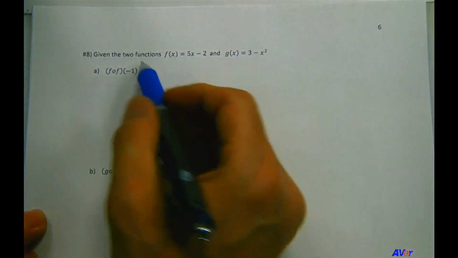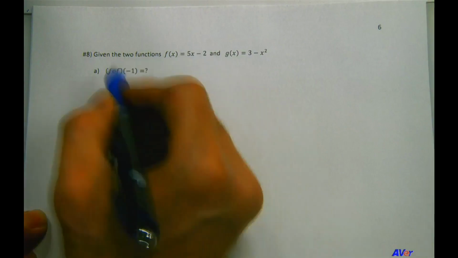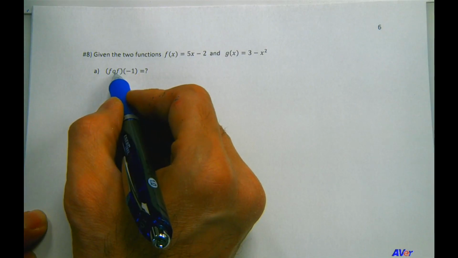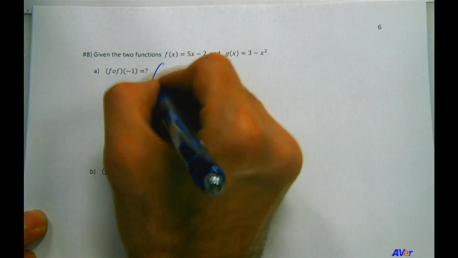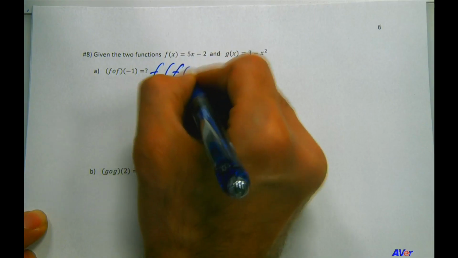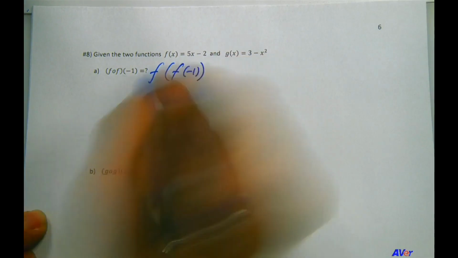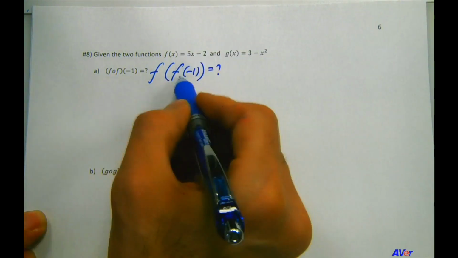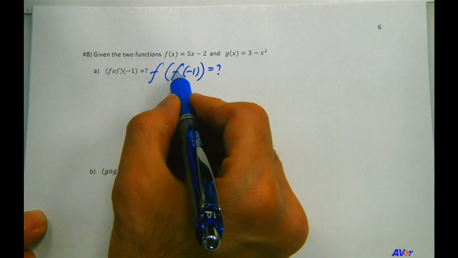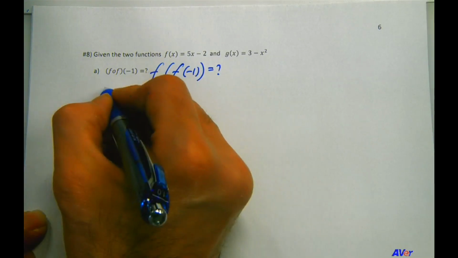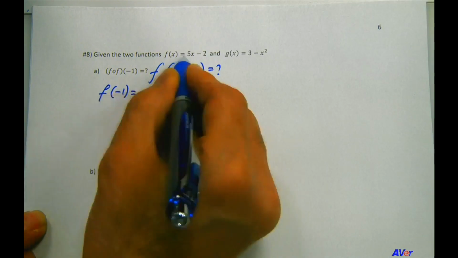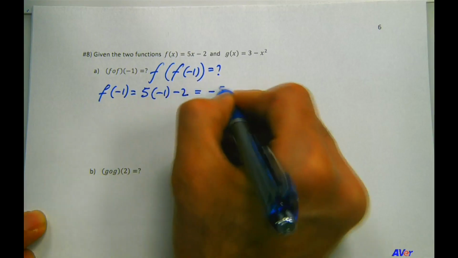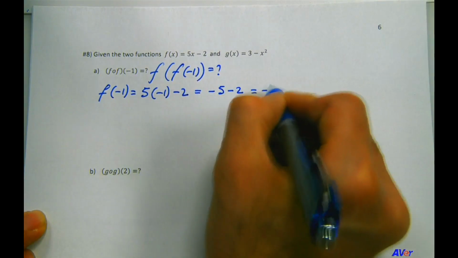Okay, so we have two functions f and g, and we want to find function f, composition of itself, f again, at negative 1. So what they're asking is find f at negative 1. These two are identical. So let's find the value of function f at negative 1. 5 times negative 1 minus 2 is equal to minus 5 minus 2, or negative 7.